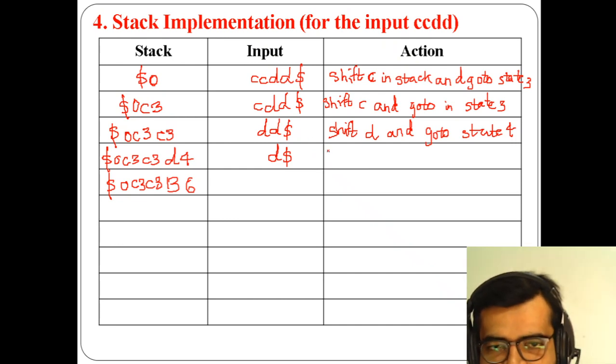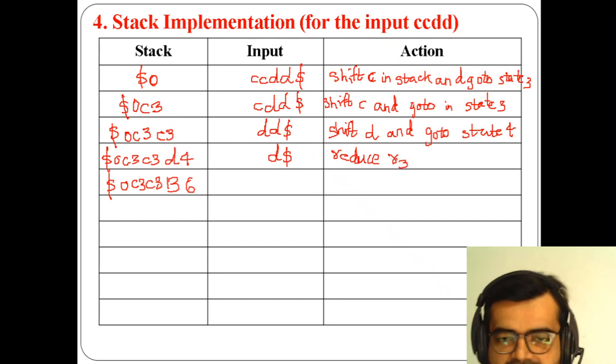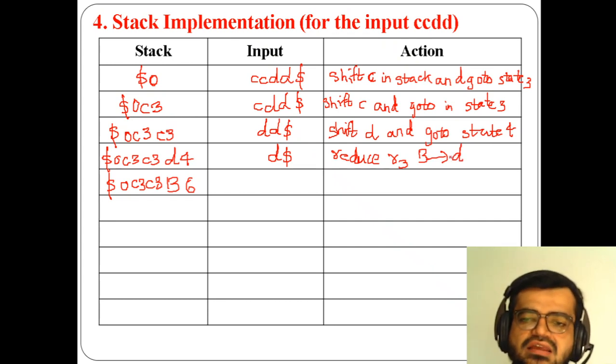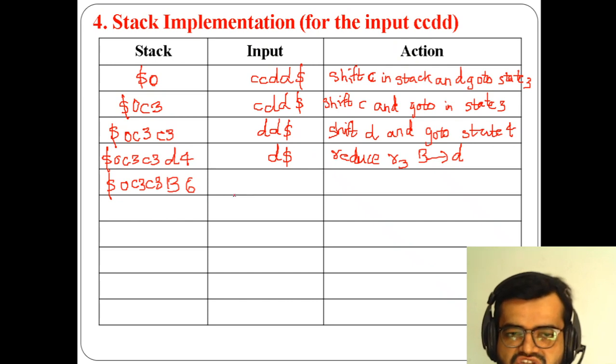Again, I have to reduce this, so I have to write that action, because I have to perform it here. So I am writing reduce R3, the third production. What is that production? B goes to D. That means this D will be replaced with capital B. So it has been replaced and the state number has been changed.